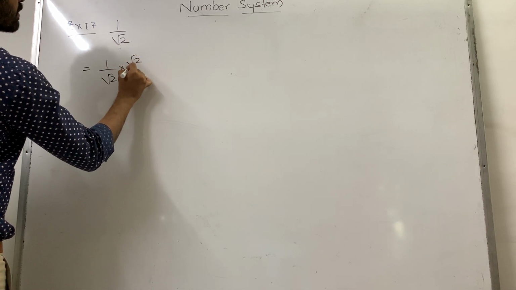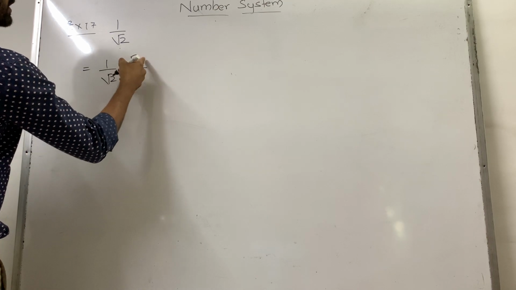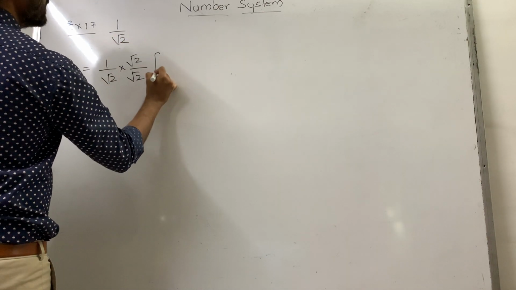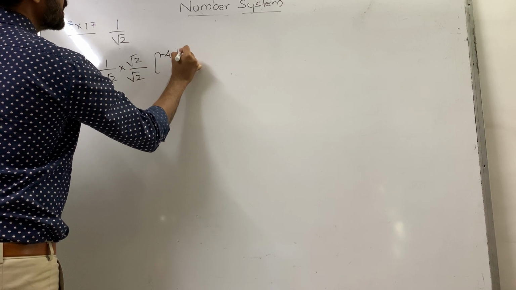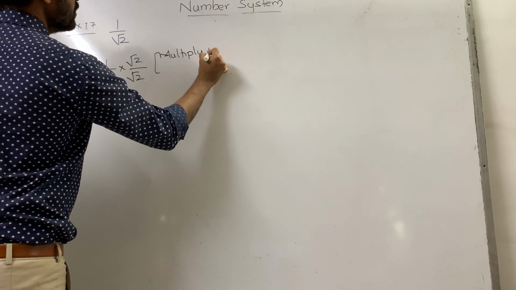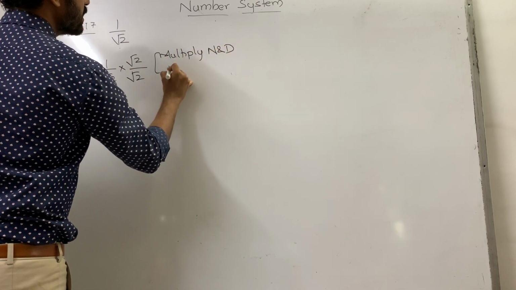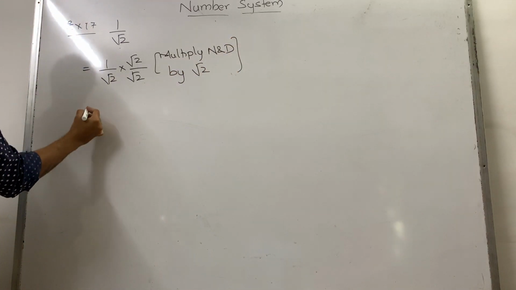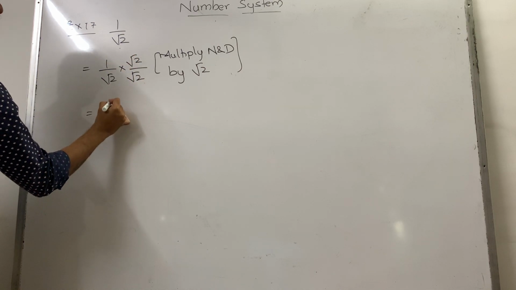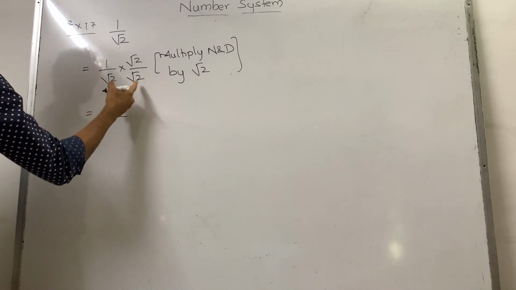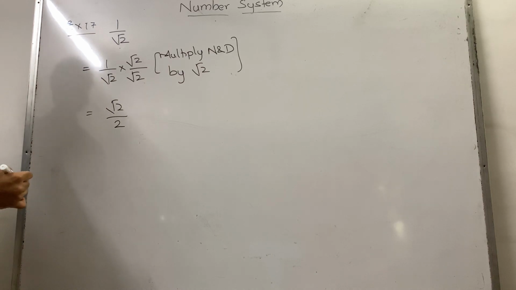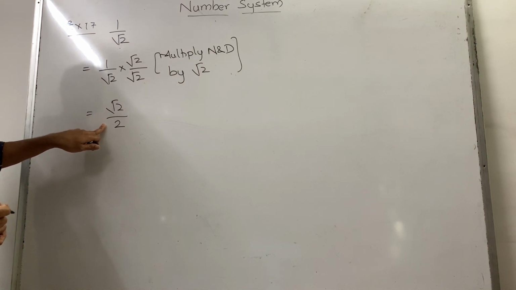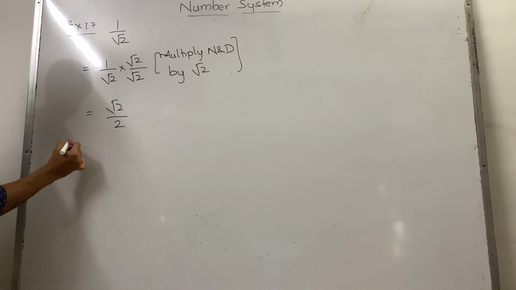So we are going to multiply root 2 in the numerator and denominator. And in the bracket you should write multiply numerator and denominator by root 2. So now when you multiply, what is 1 into root 2? Root 2. And what is root 2 into root 2? 2. So now the denominator is rational. So the question ends here.